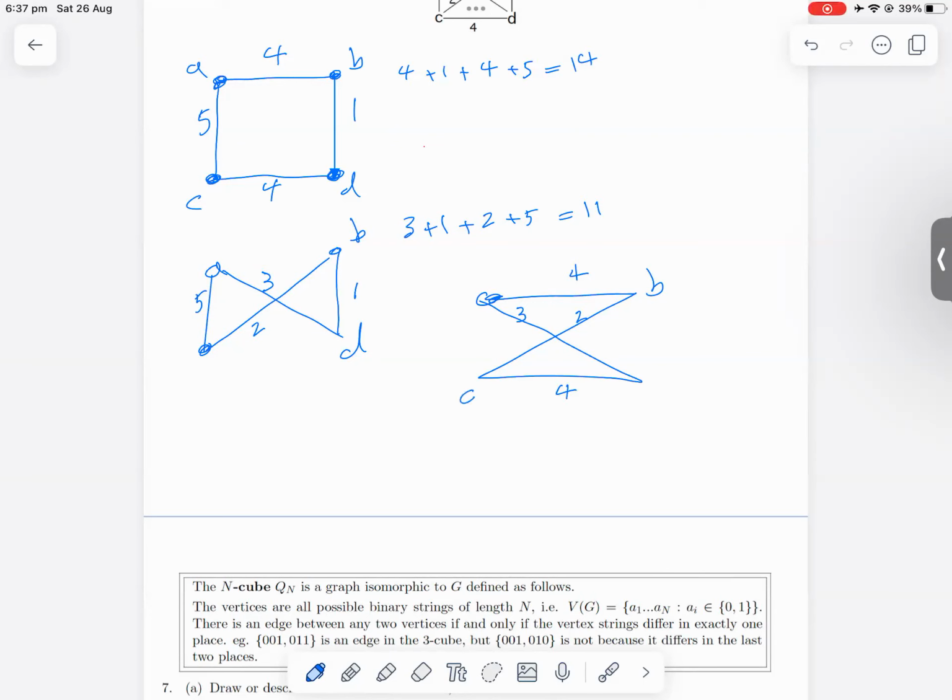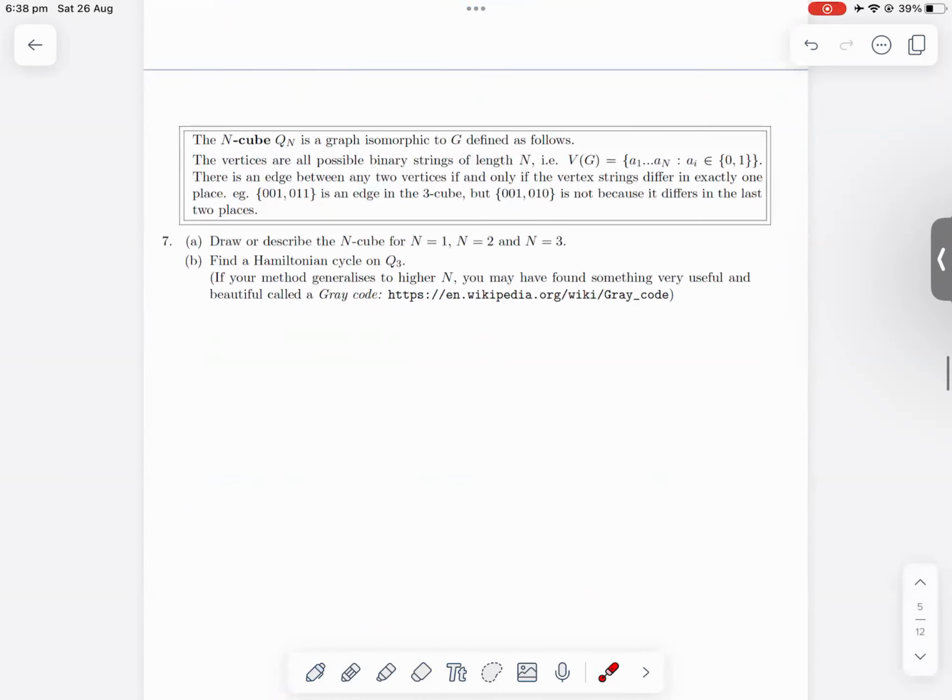A, B, C, D, A. So this is 4 plus 2 plus 3 plus 4, which is 9 plus 4, which is 13. Okay, so which one is the minimum? Obviously this choice of edges is the best one because it has the minimum expenditure. All right, let's do another question now.